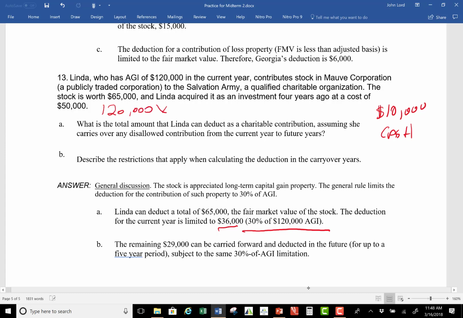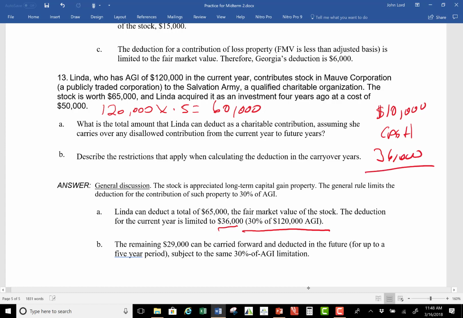We multiply that by 0.5, so she can contribute up to 60,000. She's just capped at 30% for the capital gain stock that she can contribute, right? So we would take that 10,000 and add it to the 36,000. She would be able to deduct then, as an itemized deduction for charitable contribution, 46,000, right?